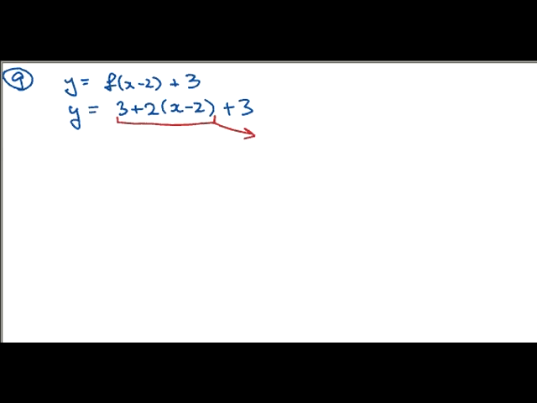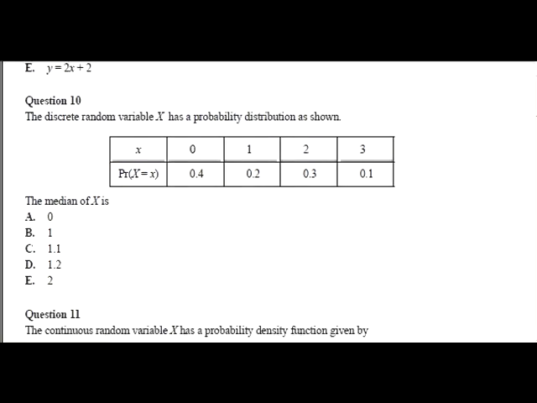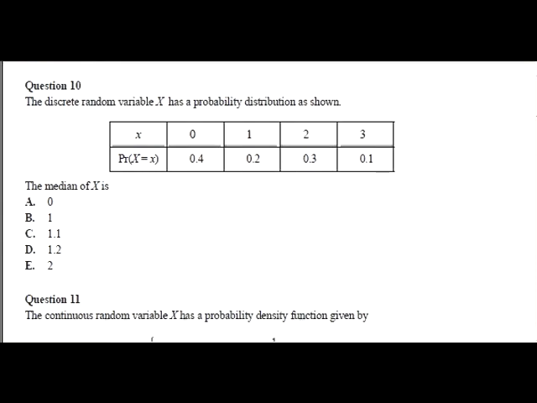That part there is f of x minus 2. And continuing in smaller pen, you can expand that and simplify things, and you'll see that you get 2x plus 2. 2x plus 2 is option E in this case. Great. Okay. We're doing okay. We're doing alright.